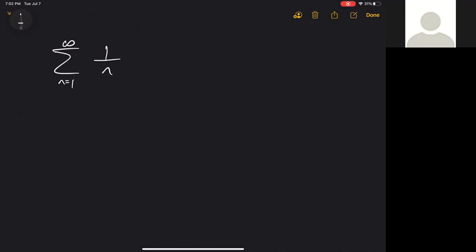I won't say easy, because it is kind of strange that this thing's divergent, but something like 1 over n squared, that's convergent. Okay. But if you're going to memorize one example of a divergent series, you should know that this thing is divergent.